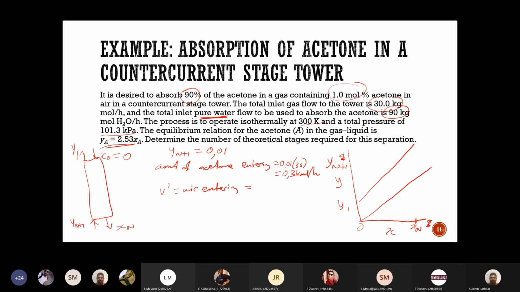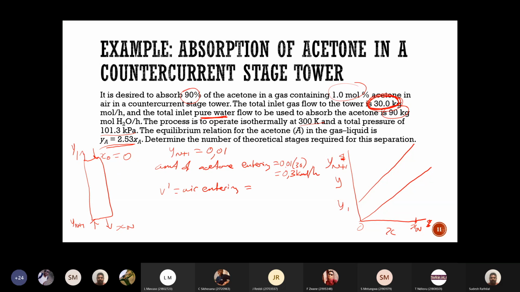I know that the total flow rate of both acetone and air coming in is 30. Total inlet flow rate is 30. That's what I'm told. So the air that's coming in can't be greater than 30, because the total flow rate is 30.